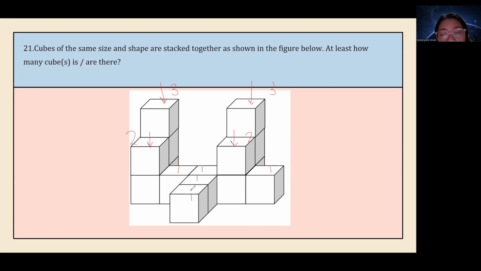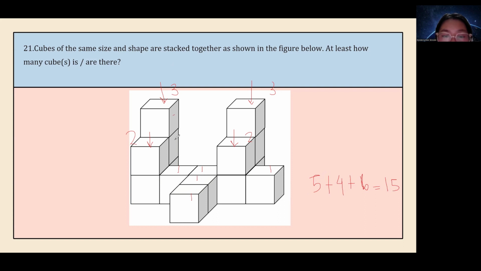Counting the single cubes at the bottom, 1, 2, 3, 4, 5. We have 5 plus 2 plus 2, that's 4, plus 3 plus 3, that's 6. So how many cubes in total? 5 plus 4 is 9, plus 6, that's 15 cubes in total.